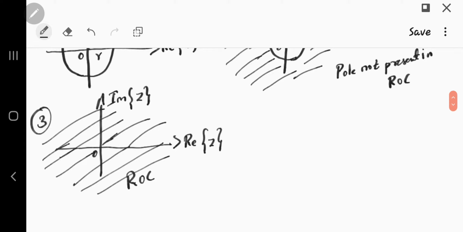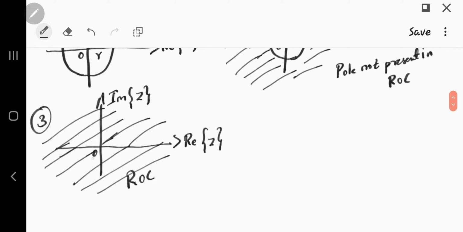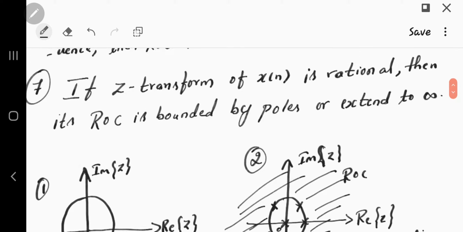Depending on the kind of signal, if it is a positive time sequence, then it won't include the origin, but it will cover the entire z plane. We took this kind of example in the previous video. If it is a negative time sequence, then it will be the entire z plane except at infinity, because you end up with a finite value. So that is the third property.